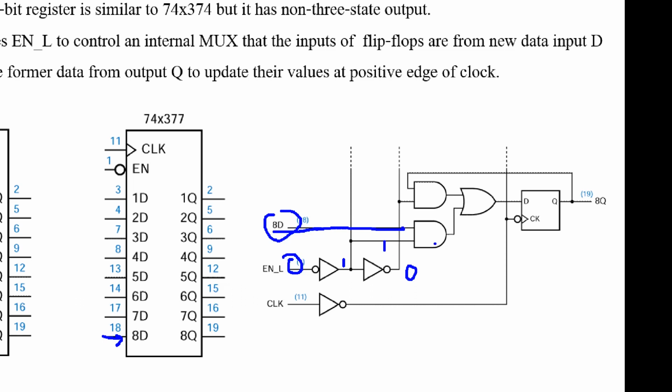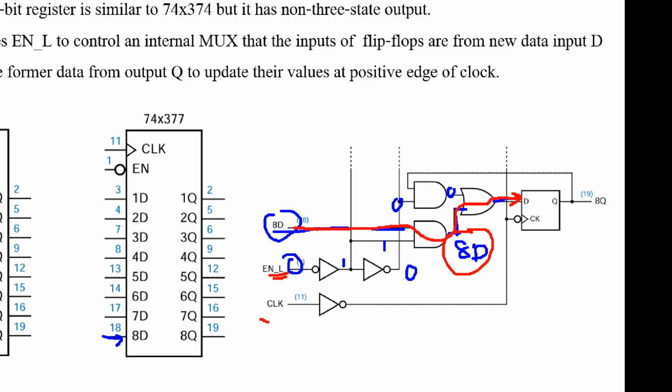This data and 1, so this data is 8D here. And this 0 here, so it becomes 0 here, 0 or external data. So this external data becomes the input of D. So now when enable is 0, the data from outside can flow to the input of the flip-flop.